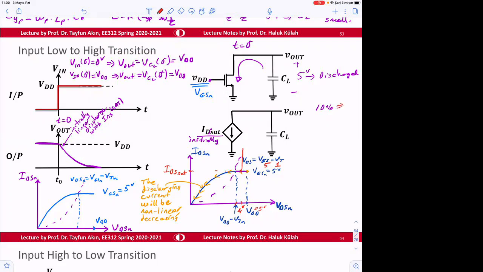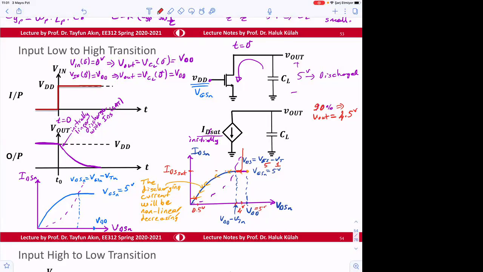Because the 10% point is V out equal to 4.5 volt. If you want to do this officially with the equations, from here to here, V out will be decreasing to, let's say, the 10% point, which is here, 0.5 volt. Maybe I should have said 90% point.